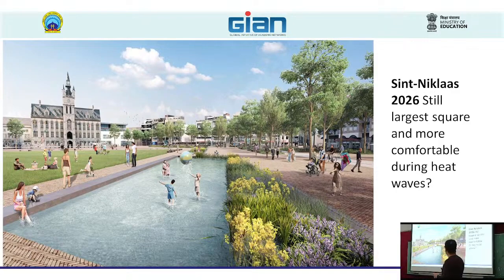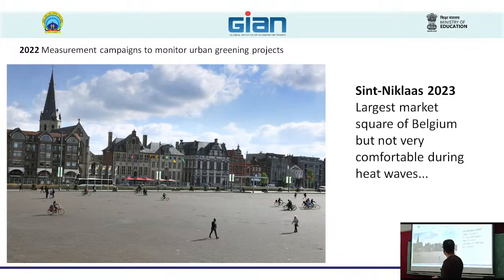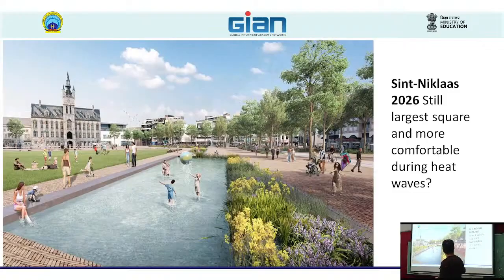We are still at this state now, but in 2026 the government will make this intervention, and because we have a station right in the middle, we can see the impact for the same place. This is one use of this measurement: you can check how it can change with the intervention.